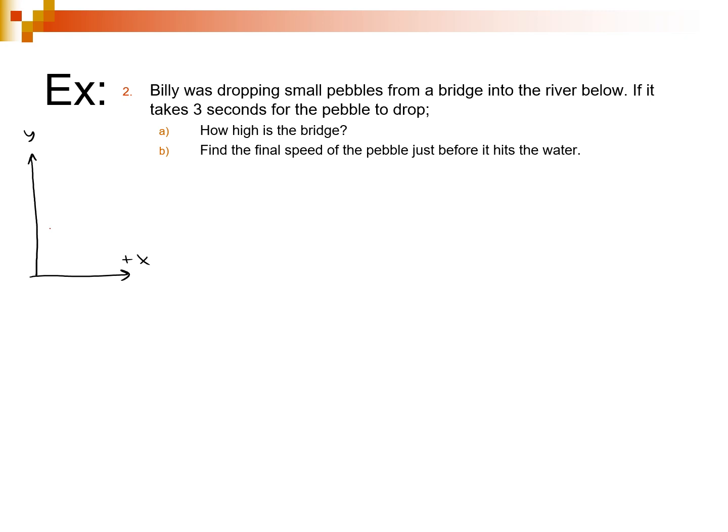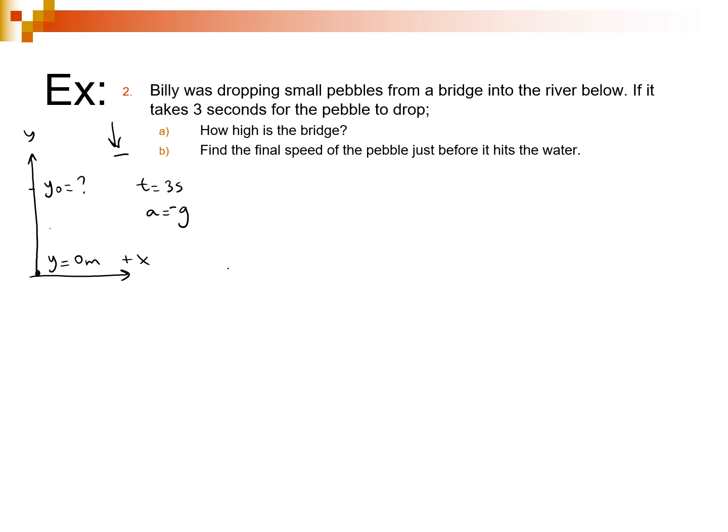The original position is unknown, the final position is 0, time is 3 seconds, acceleration is g. Since the downward direction is chosen as negative, acceleration is automatically negative g.